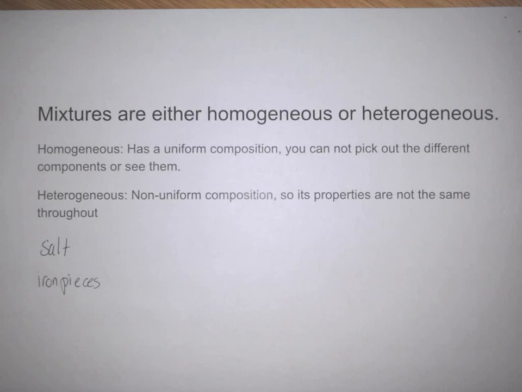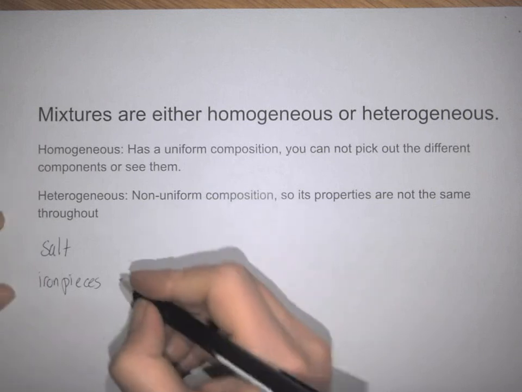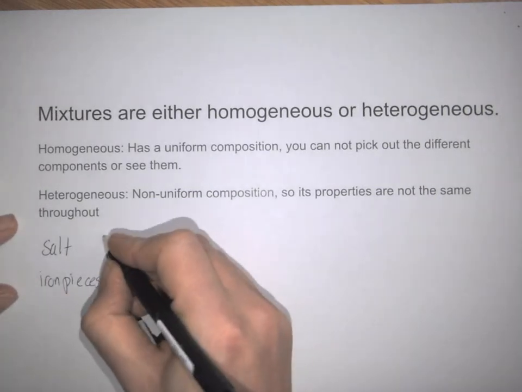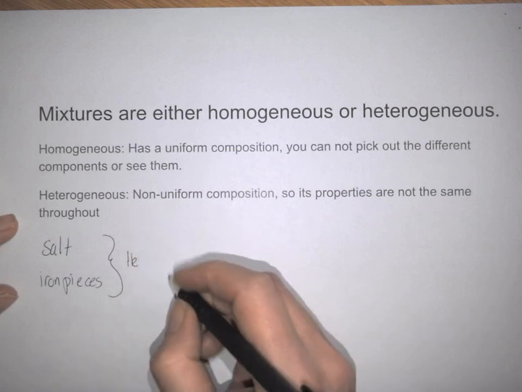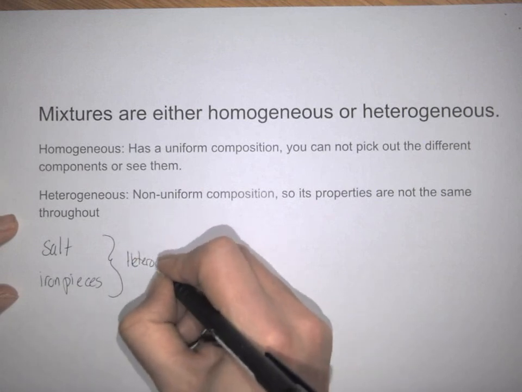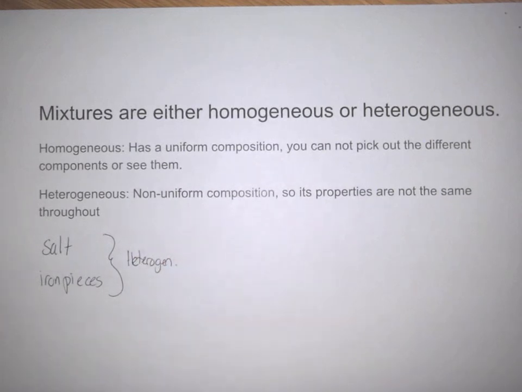Well, you can separate them by maybe taking a magnet, and you can take out the iron pieces. In this case, it's a heterogeneous mixture, because you can easily separate them from each other by just picking it up, in this case taking the magnet.